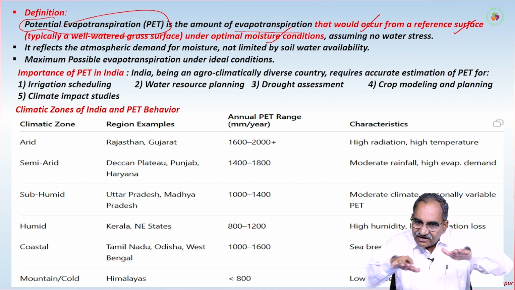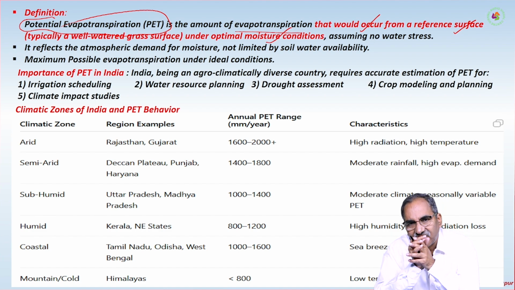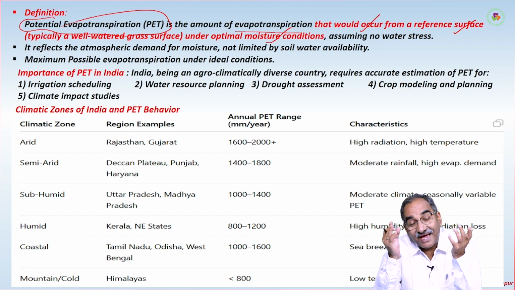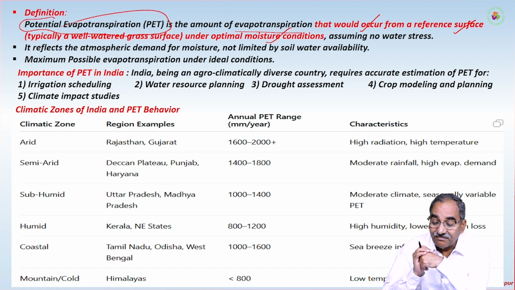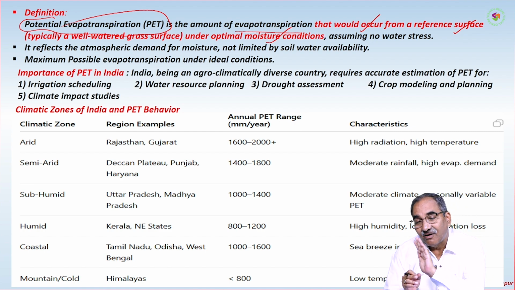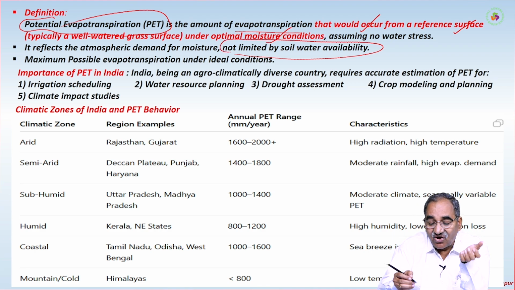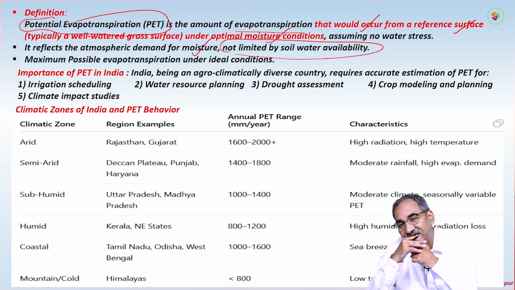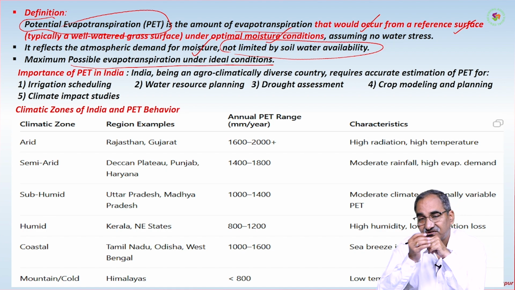The water is sufficiently available, and the maximum evapotranspiration that can occur from there is the potential evapotranspiration. Please remember, it does not depend upon soil water availability. It depends on the atmospheric demand for moisture. And it is the maximum possible evapotranspiration under ideal conditions.